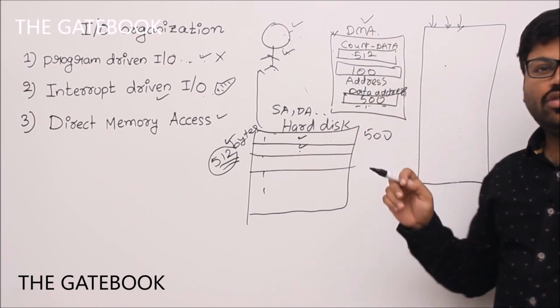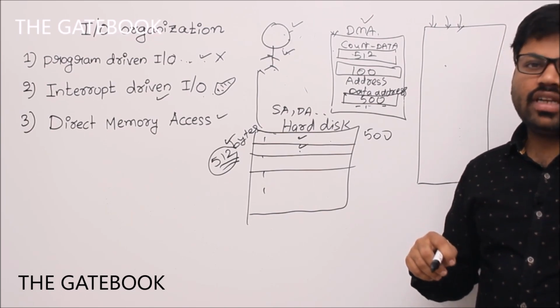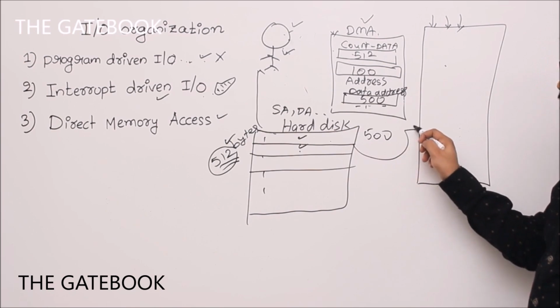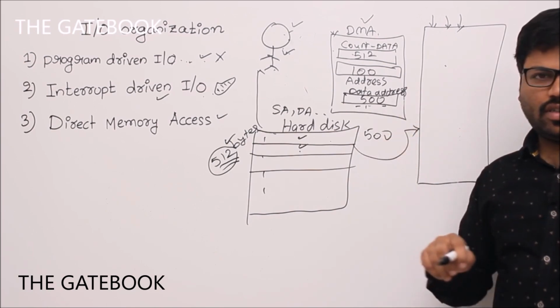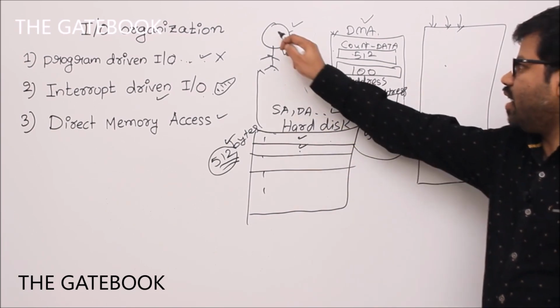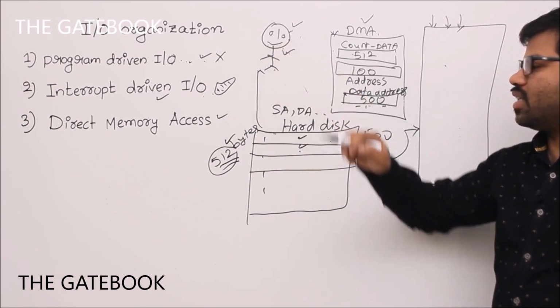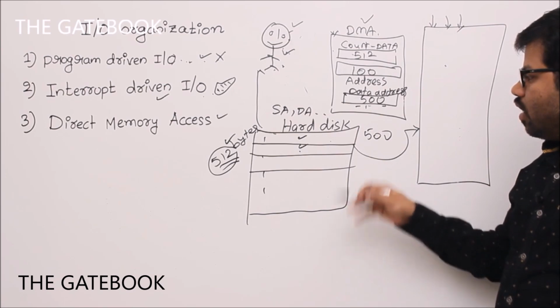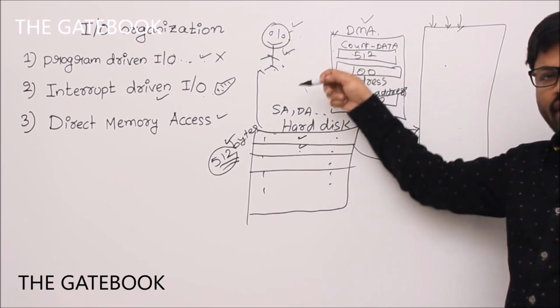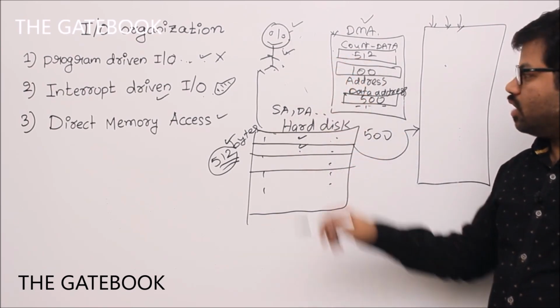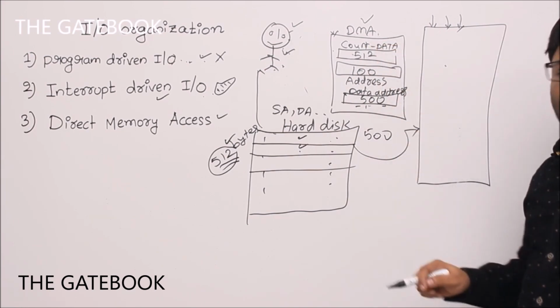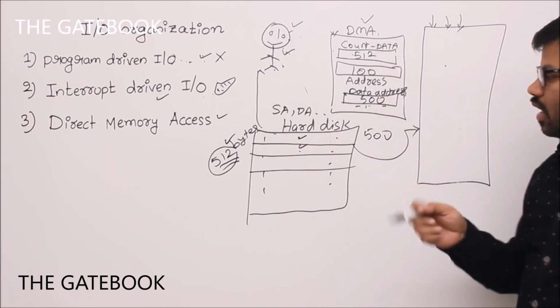The DMA controller also knows what control signals are required to send the data from some device to main memory. It's like a small processor. Now this main CPU is very happy because its intervention is not required. In general, for every byte transfer the CPU should intervene, but in this model the CPU only initiates the transfer. After that, the DMA controller will start working.